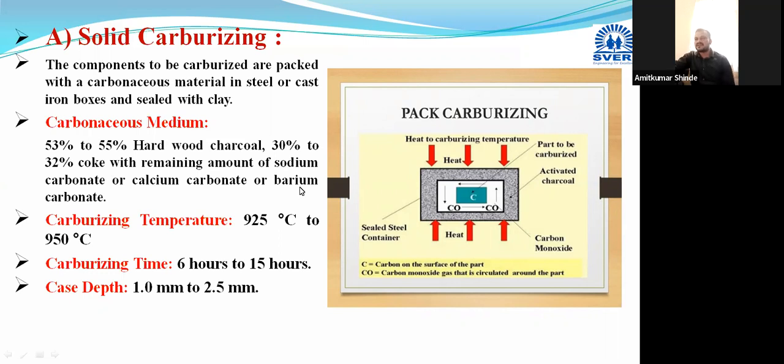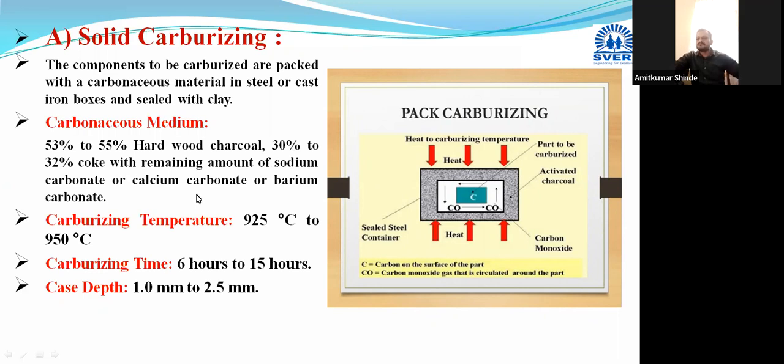The generally used composition in solid carburizing is like this: 53 to 55% hardwood charcoal, 30 to 32% coke, and the remaining amount of sodium carbonate or calcium carbonate or barium carbonate. This sodium carbonate or calcium carbonate will accelerate the process.